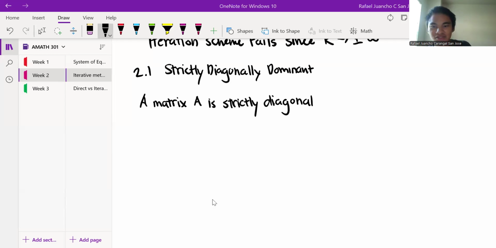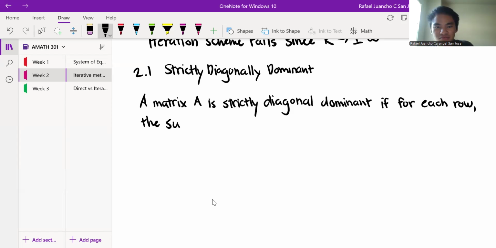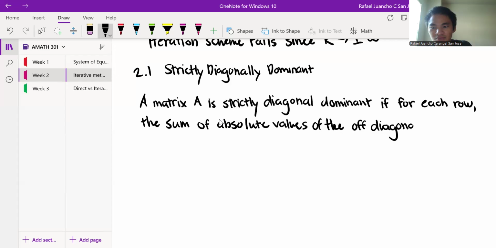Anyways, so a matrix A is strictly diagonal dominant if for each row of that matrix, the sum of absolute values of the off diagonal terms, the values that are not in the diagonal, is less than the absolute value of the diagonal term.